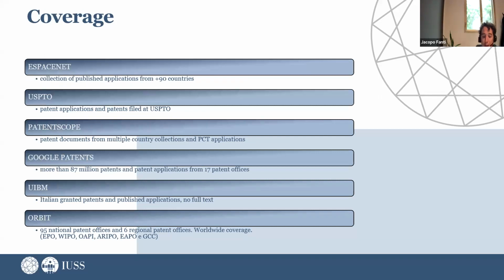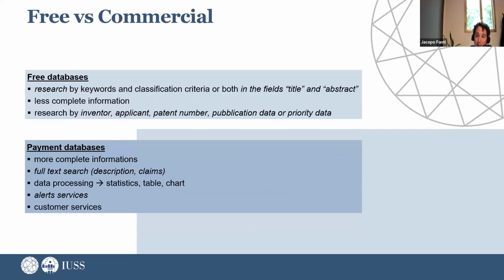Of course, one important feature of patent databases is the coverage. It is important to have wide information on patents filed in faraway countries too, so we need a strong coverage for each patent database.